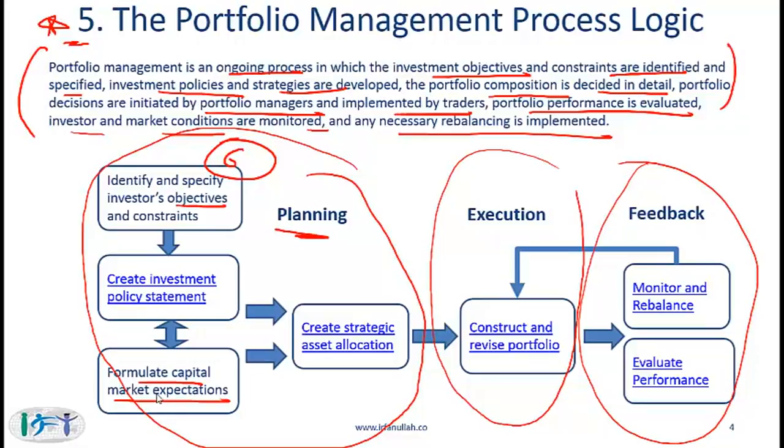What do we expect stocks to do? What do we expect bonds to do? What do we expect other asset classes to do? And then what we define as the return objectives and the risk objectives should be in the context of capital market expectations. That's why you see the arrow in both directions, and it is taking both these into account. We need to take both the investor perspective and the market perspective into account as we create the IPS.